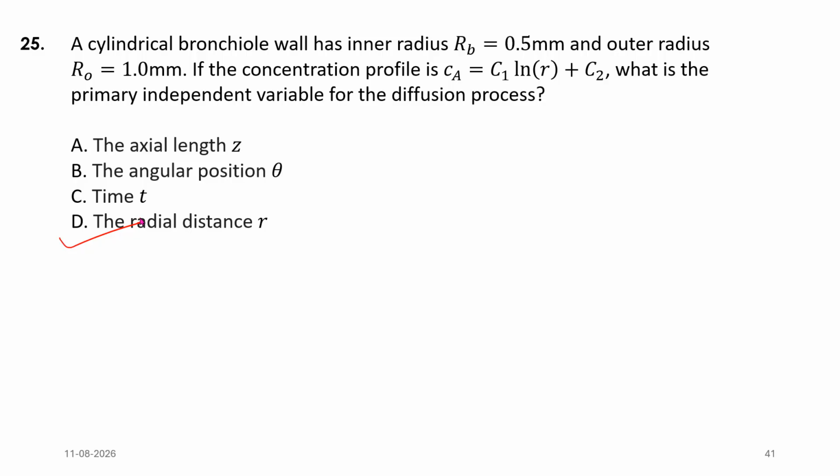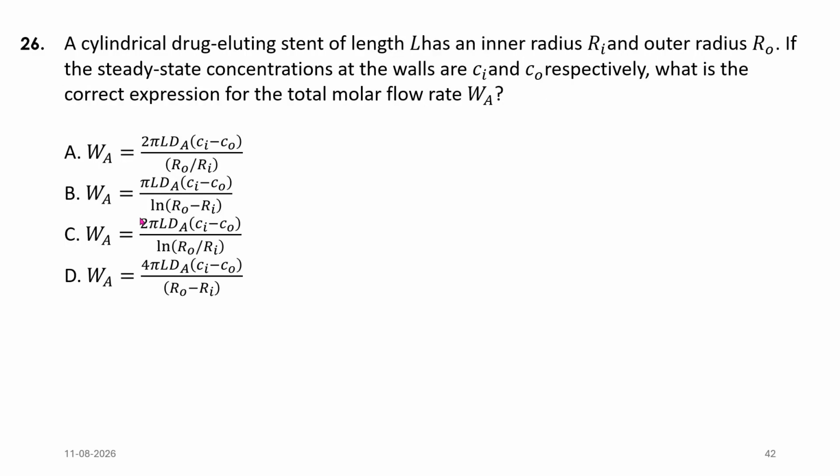A cylindrical drug-eluting stent of length L has an inner radius Ri and outer radius Ro. If the steady-state concentrations at the walls are Ci and Co, respectively, what is the correct expression for the total molar flow rate?